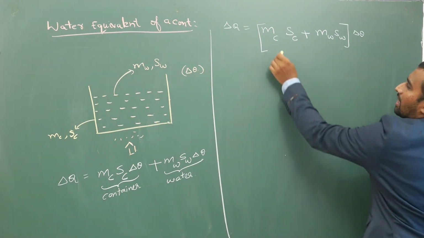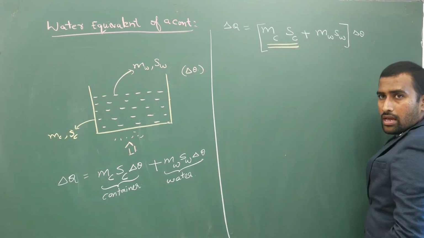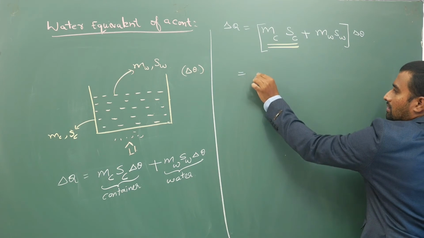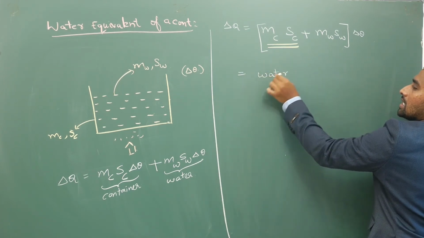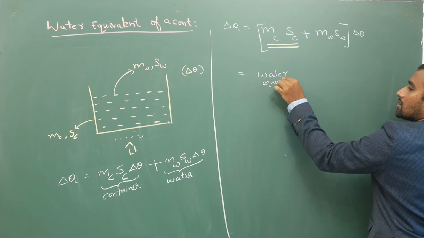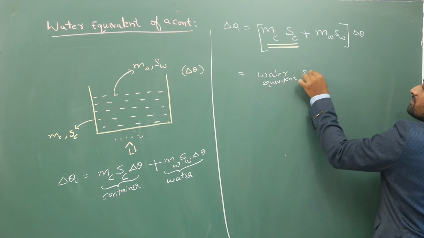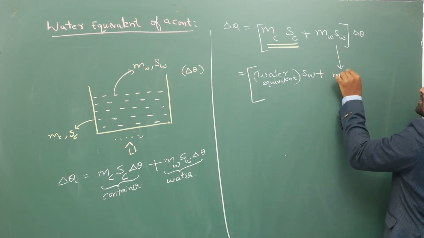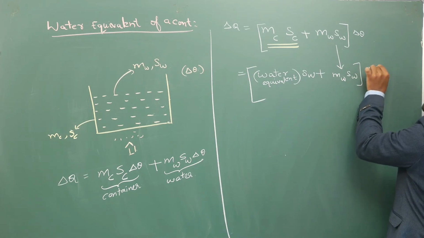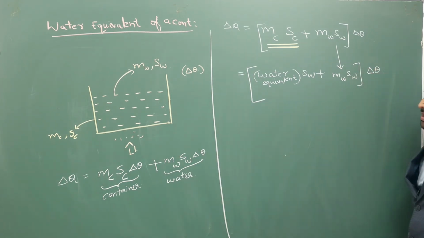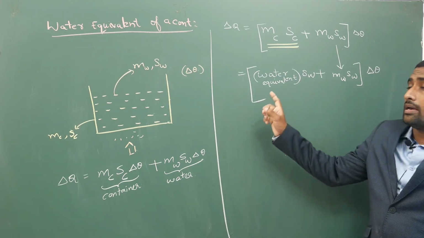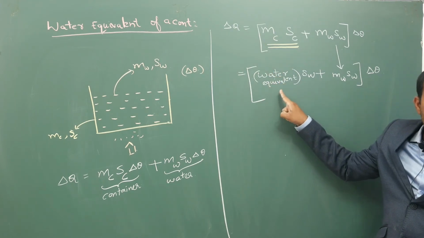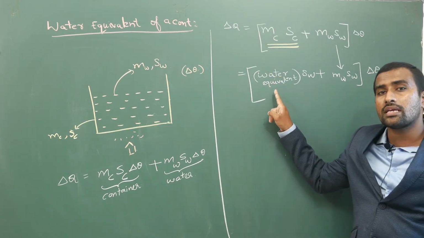This term that I have here, I will replace it with a term, the water equivalent, times specific heat of water, plus mass of water into specific heat of water into delta theta. Observe slowly. I am replacing the mass of container with what? I am replacing it with water equivalent.